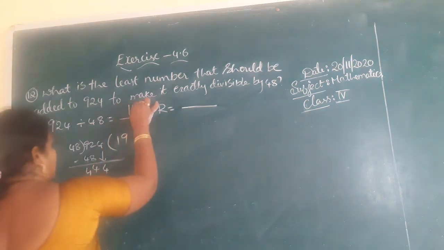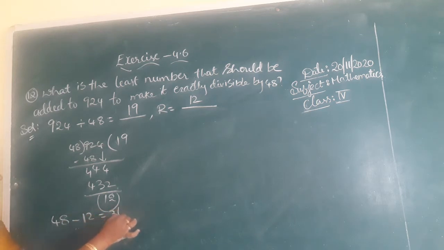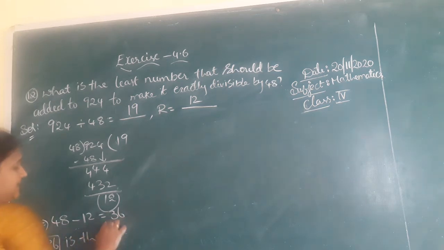So 19 is the quotient, 12 is the remainder. What did the question ask us? What must be added to this number to make it divisible by 48? So subtract 48 minus 12, you will get 36. So 36 is the least number.